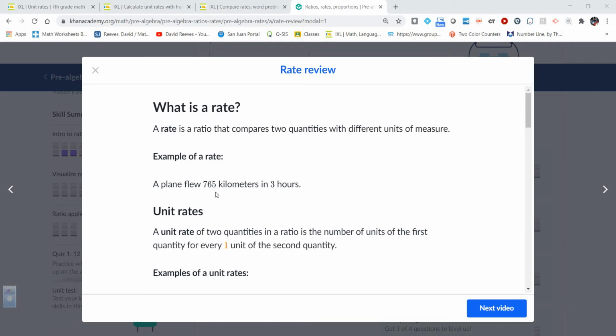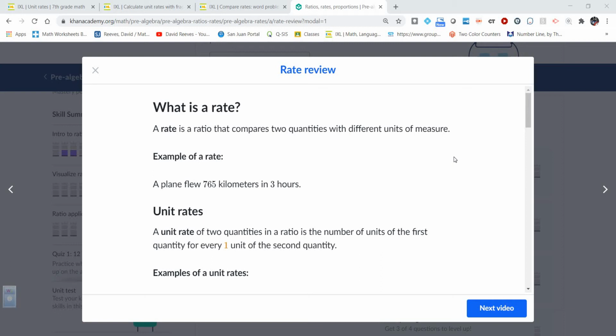There's all kinds of rates. Rates we often think of when we're saying how fast you go, right? Or how much something costs, right? Or an amount you need in a recipe, something like that. All right. So that's what a rate is.